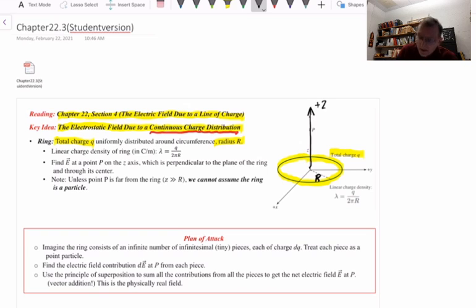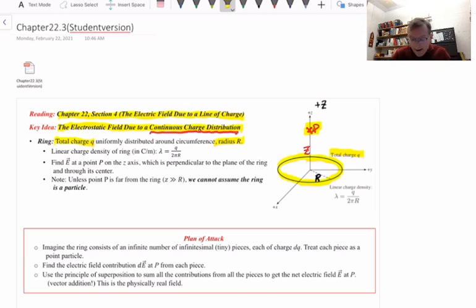The z-axis goes through the center of the ring and is perpendicular to the xy plane. And we're going to pick a point P, it's just a point, there's no actual charge up there, that's on the z-axis at coordinate z. If you like, that's the distance of point P from the origin. We want to know the electric field at that point P, created by that charged ring.